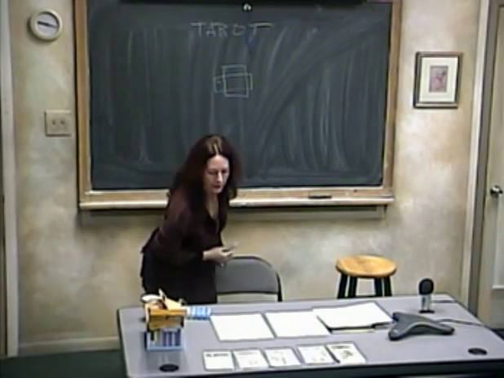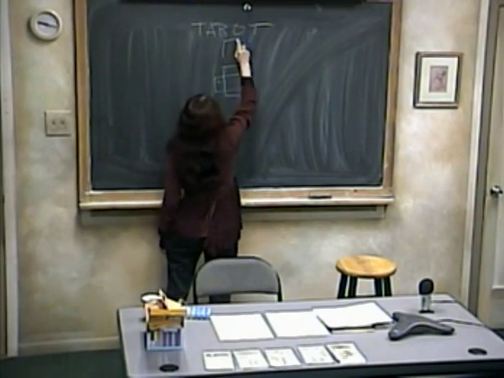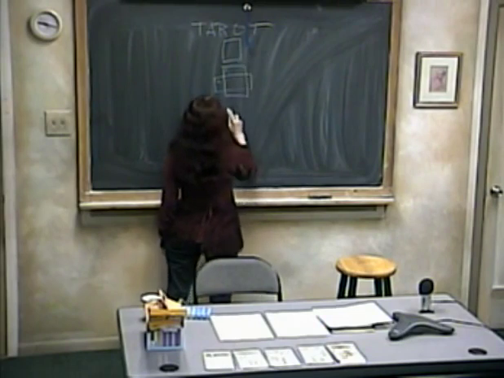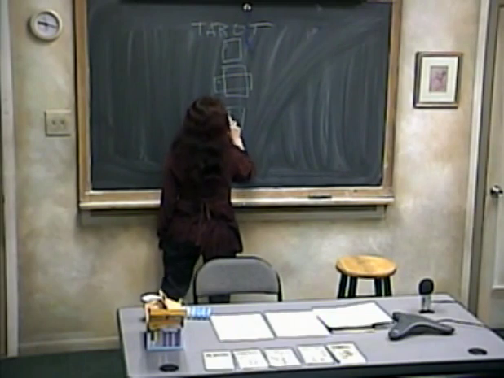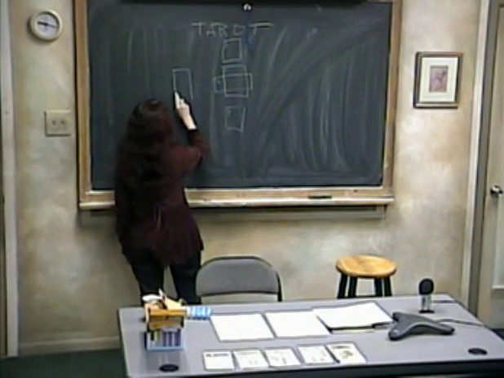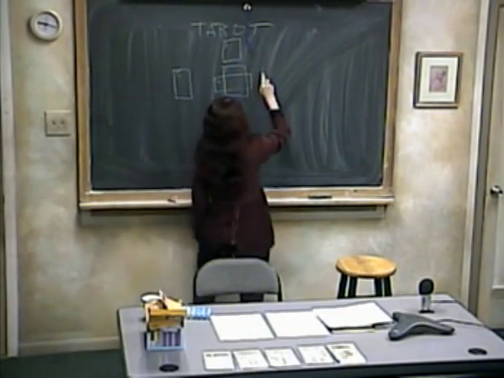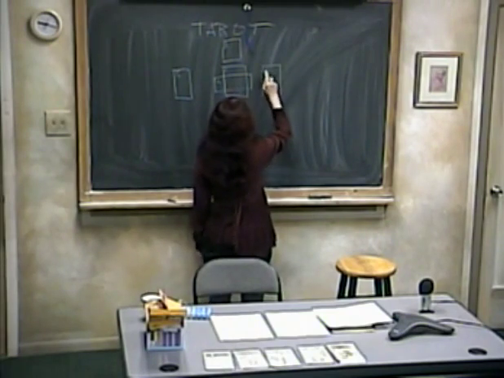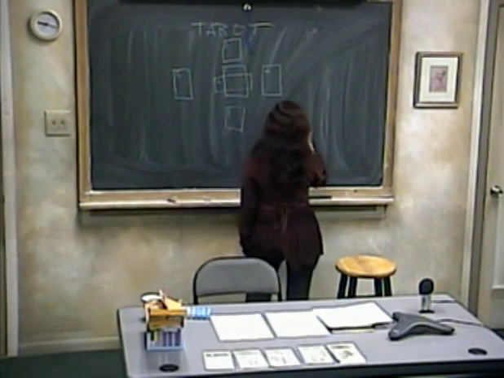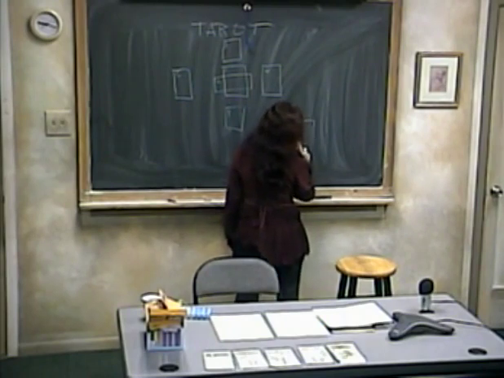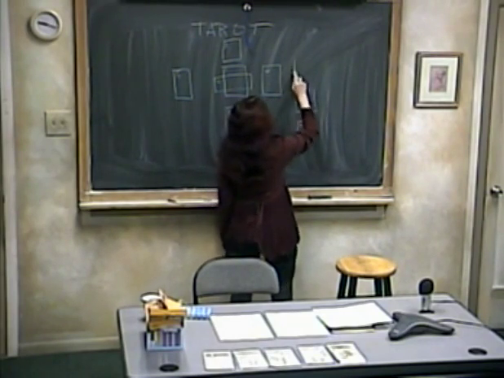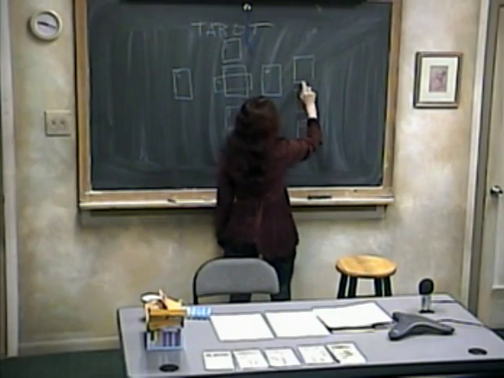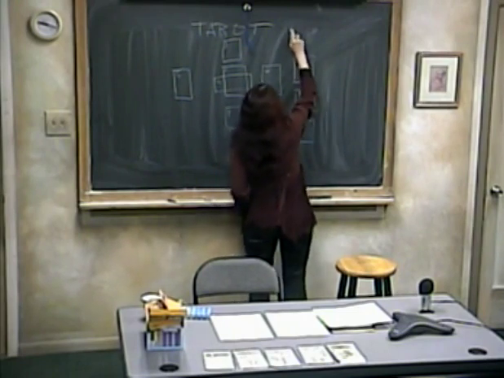This is above you. This is below you. This is behind you. This is before you. This is all on your handout. This is yourself, your house, hopes and fears, and outcome.